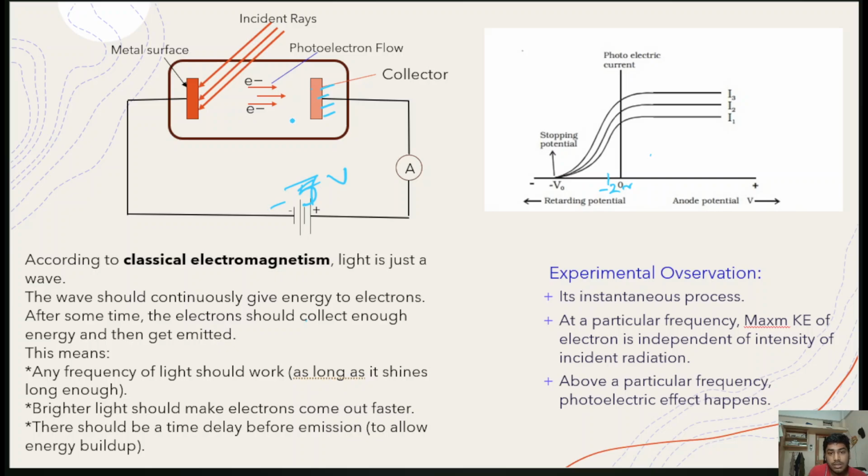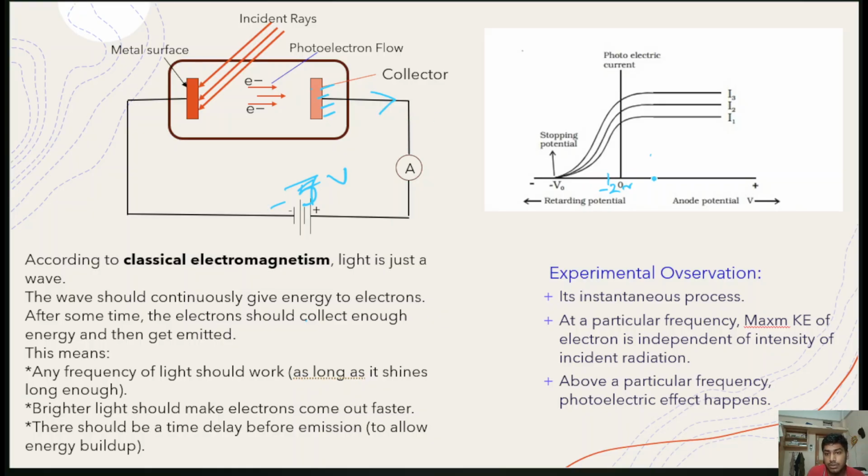So there is no current flowing through this circuit, because even the electrons with maximum kinetic energy do not reach the collector. If no electron flows through the circuit, then current will be zero.